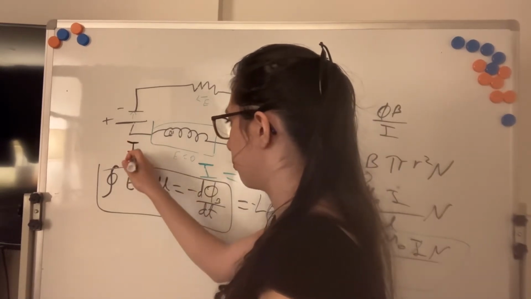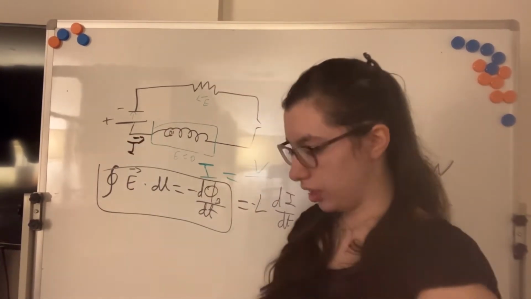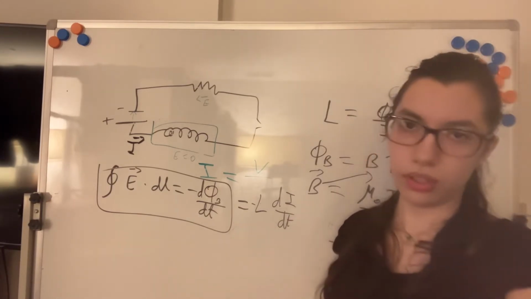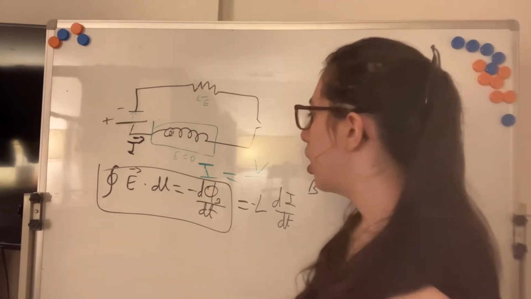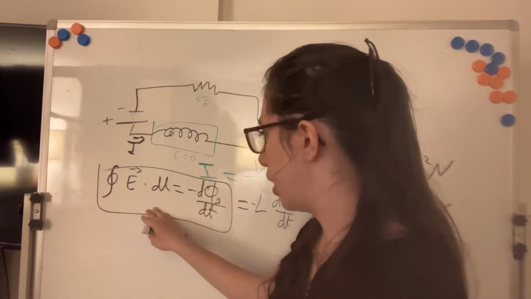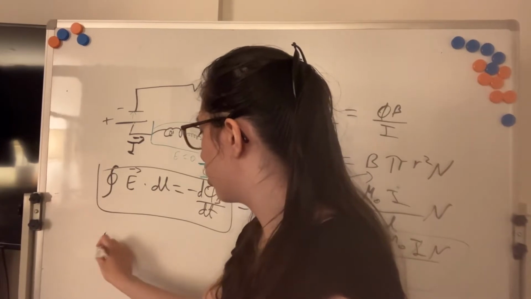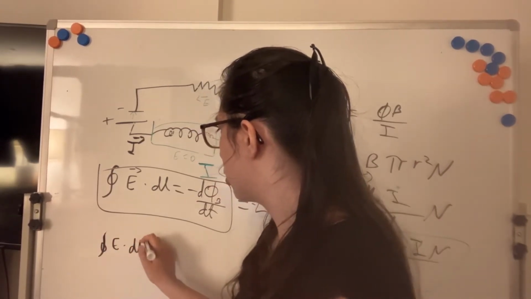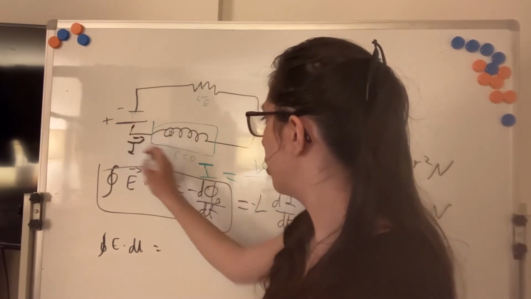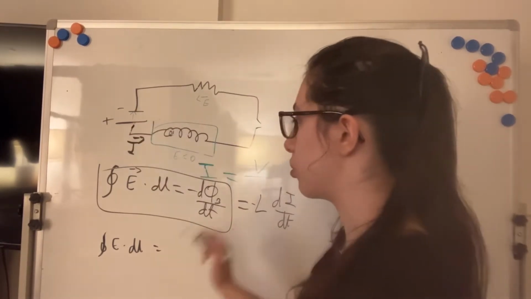So in this approach, we are not guessing the current as we did in other videos. So here we can construct the closed loop integral of E dot dl, let's say from here all this way to here. This is the closed loop integral.